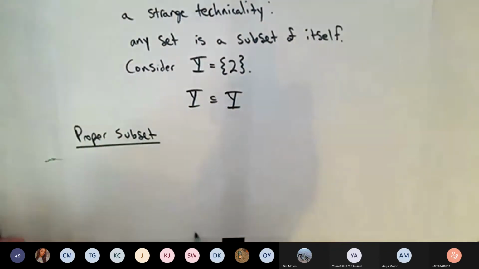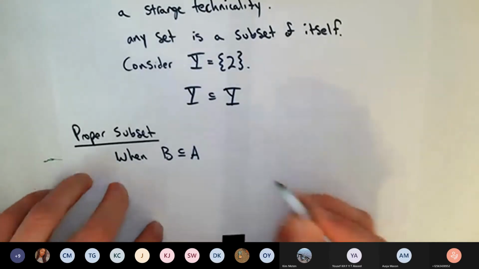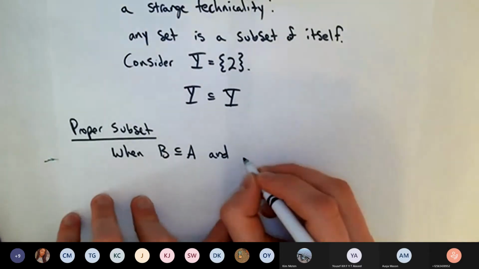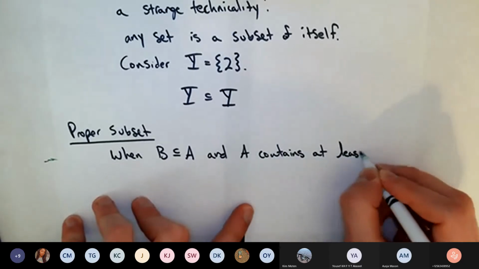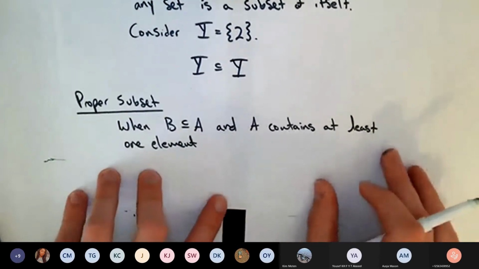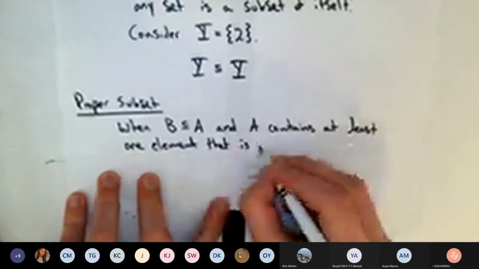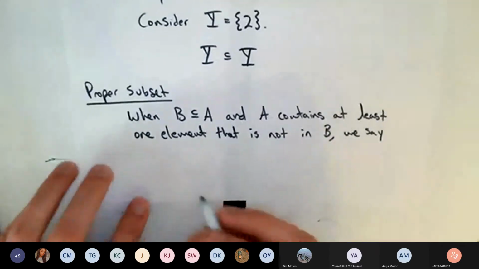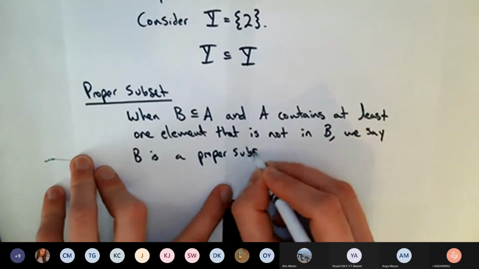When B is a subset of A, so we're starting off with B being a subset of A, and A contains at least one element that is not in B, we say B is a proper subset of A. I don't like this definition either, I'll give you a better version, but for completeness I'll write it down.